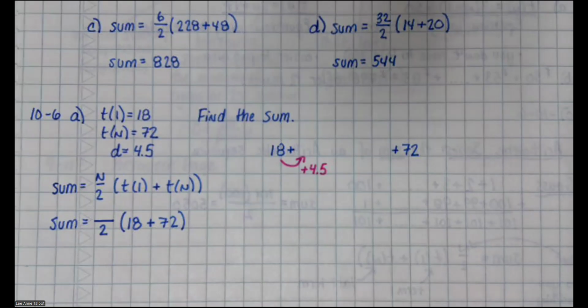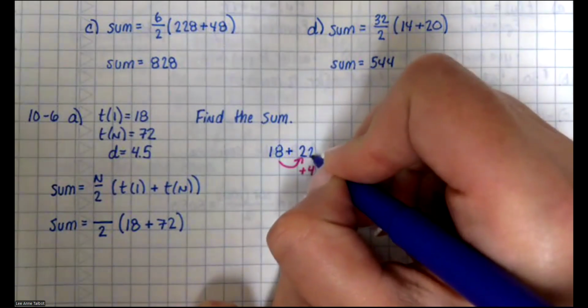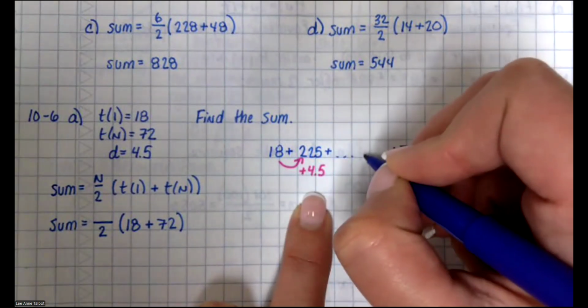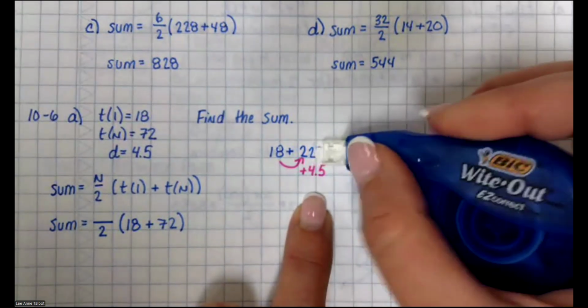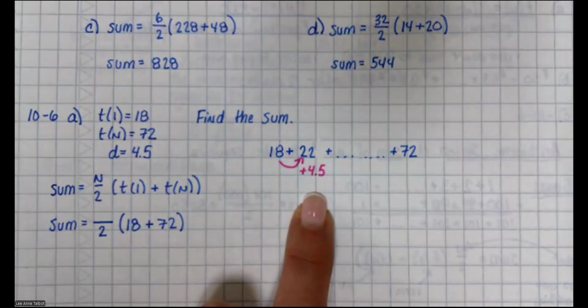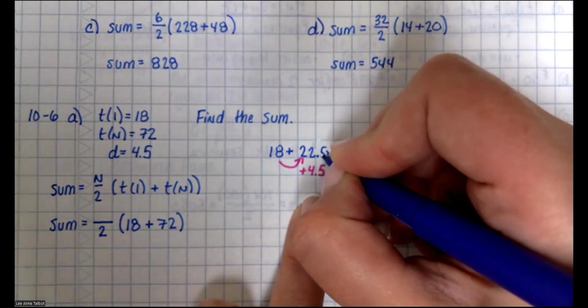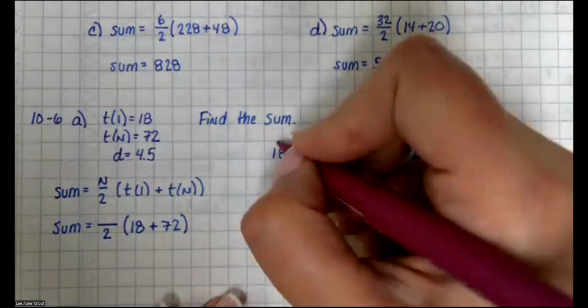Does that make sense, my picture? Okay, so I know this next number is 22.5. And I don't really care about any of the numbers in the middle, honestly. But I do care about term 0.